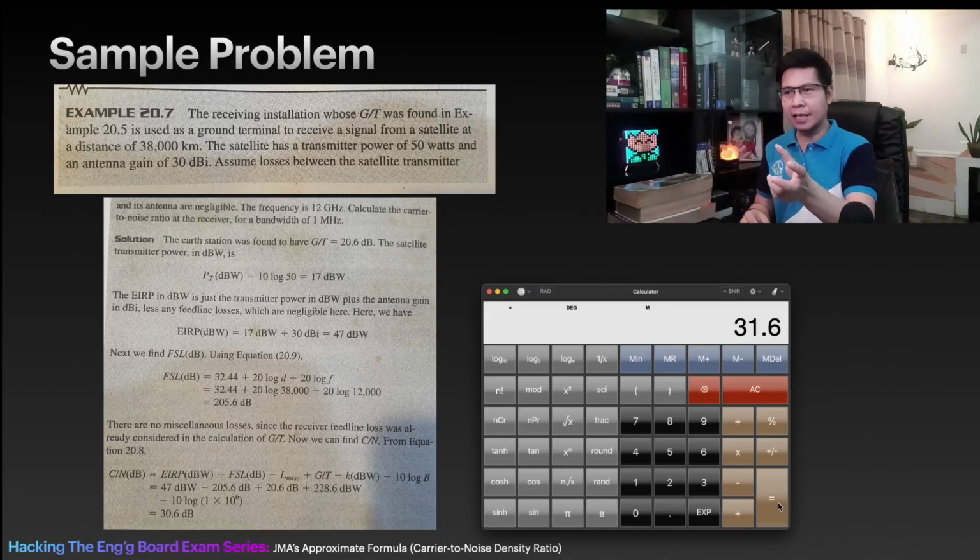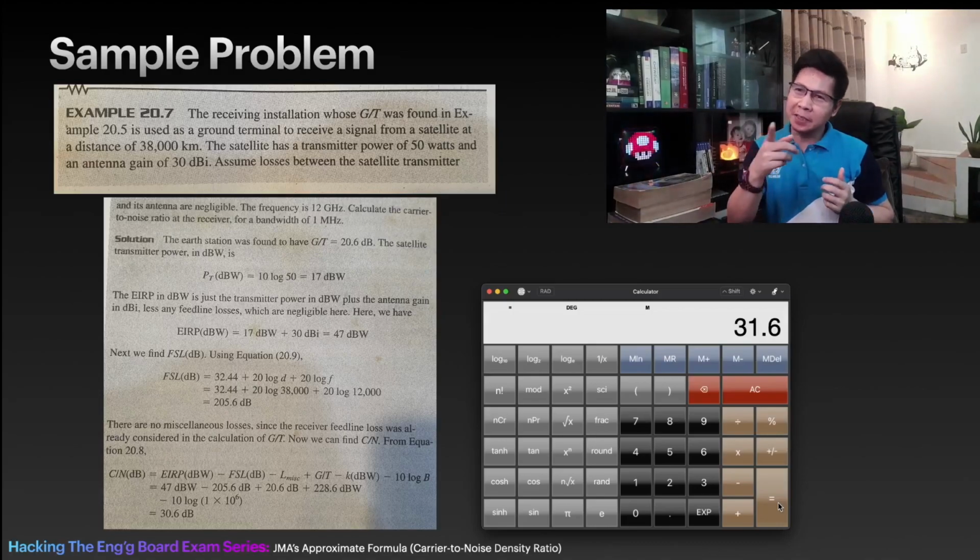Dahil pag nag-log ka na, then nag-multiply ka ng 10 or ng 20, medyo may konting discrepancy. Halimbawa, nag-round up ka. Kaya, yung 30.6 and 31.6, may 1 dB na margin, that's tolerable. So, pwede na yan sa board examination.